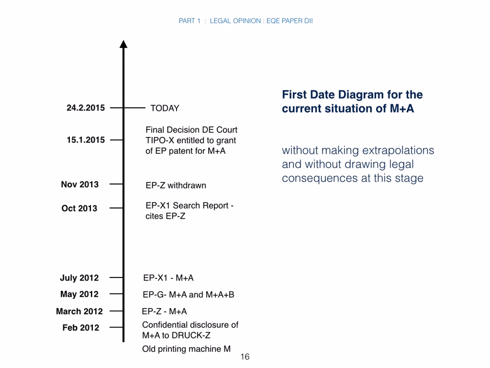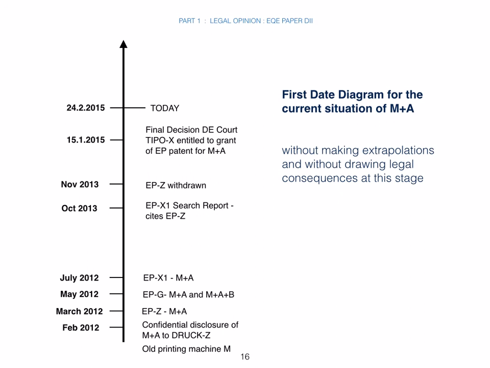So that is the first date diagram without making any extrapolations and without drawing any legal consequences at this stage. We'll do that and complete the date diagram later in part 2 of the tutorial.